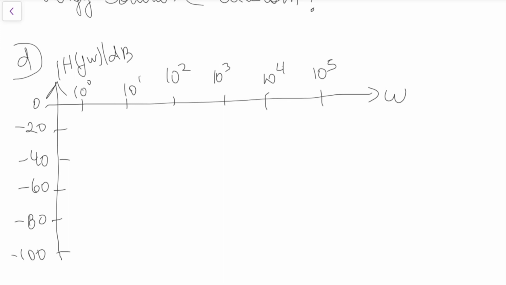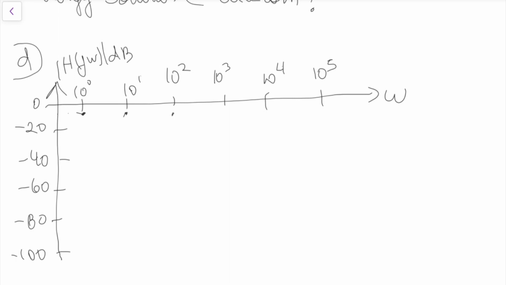So from my table for 1 radians per second, I have something that it's minus 6 dB, so it's around here, minus 6 dB. For 10 to the 1, like 10 radians per second, it's still minus 6 dB. For 10 to the 2, it's minus 6.5 dB, so it's a little bit lower than that, which here it's almost 10 already, so I'll just put it over here again.